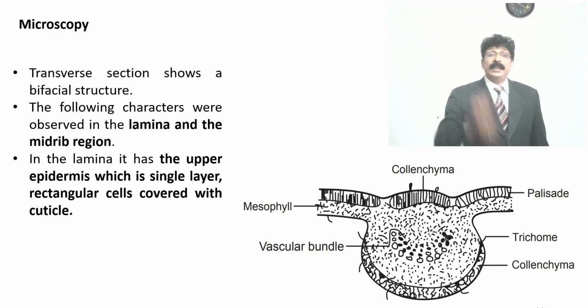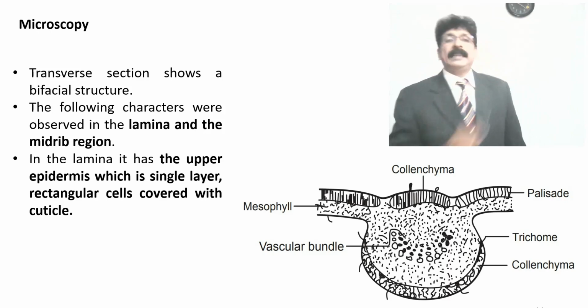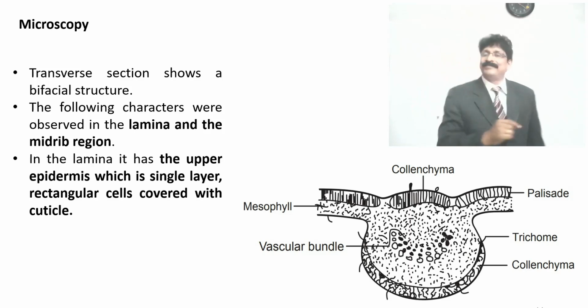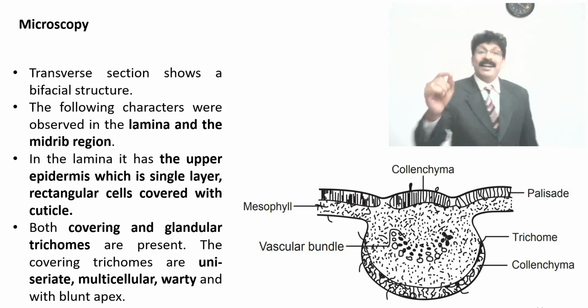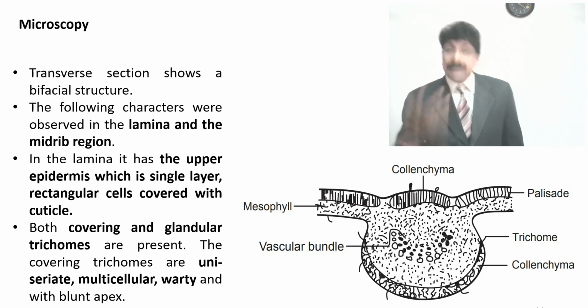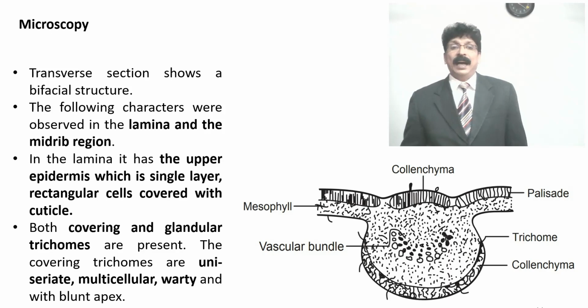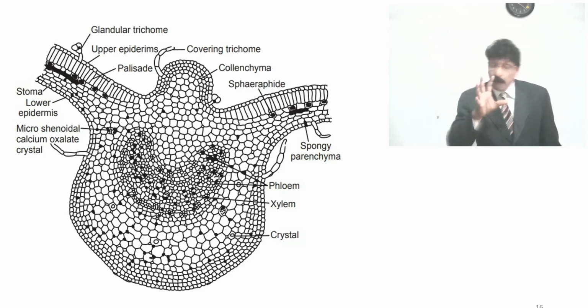In the lamina, it has the upper epidermis, which is a single layer of rectangular cells covered with a striated cuticle, which you have seen in the belladonna. Both covering and glandular trichomes are present. The covering trichomes, the hairs, are uniseriate, multicellular, and warty, and a blunt apex can be seen in the unicellular trichomes. This is the real picture, which you have to draw very clearly.